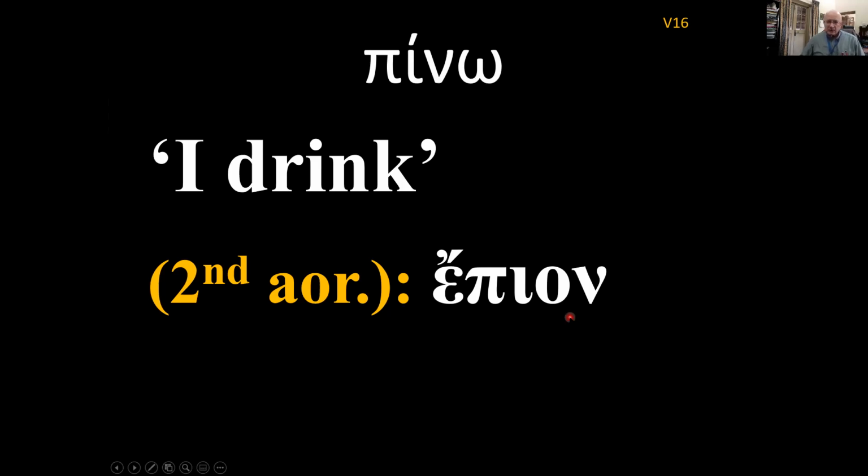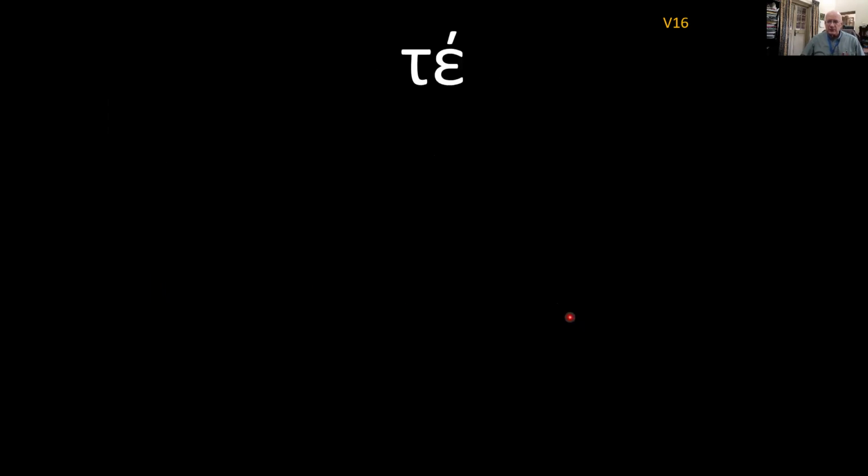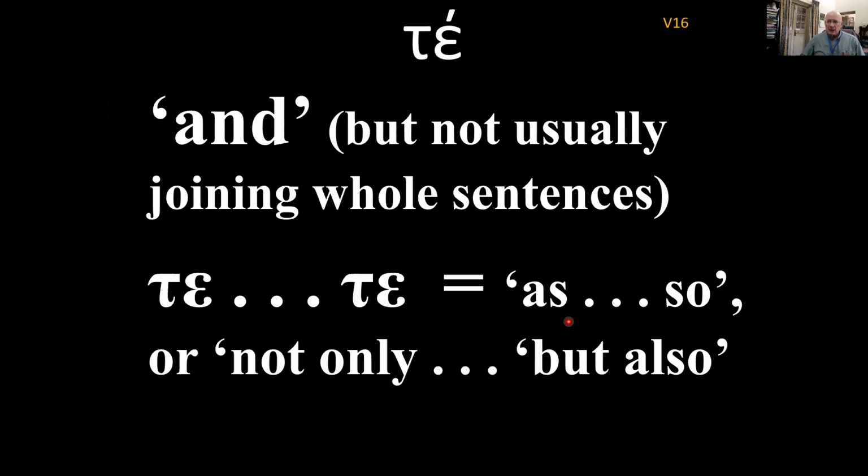I drank, he drank, you drank, he, she, it drank, and so forth. Kai is usually not translated, but it could be and this and that, or te kai, as this, so this, or not only, but also.